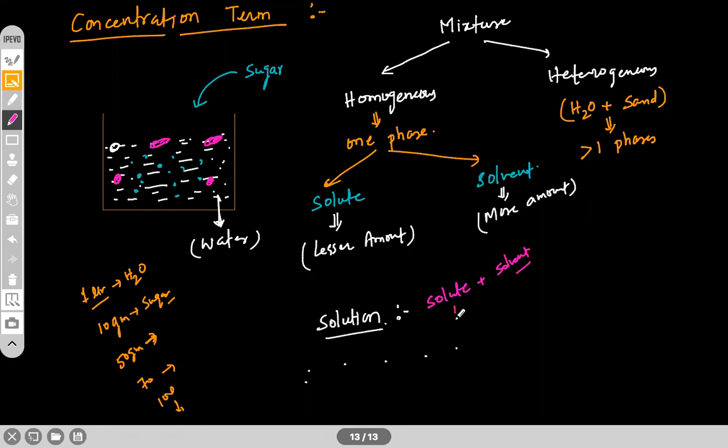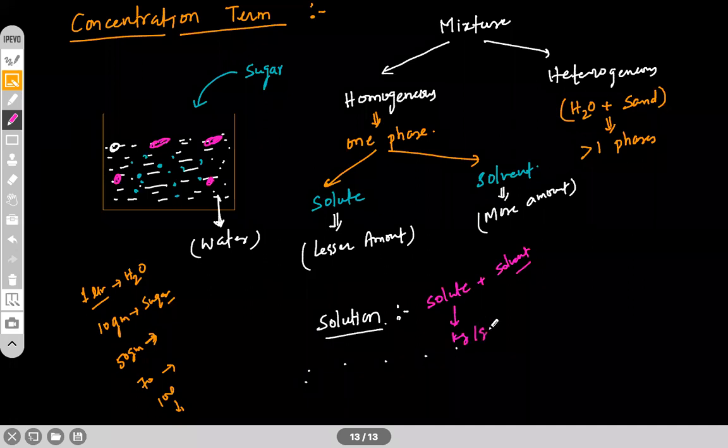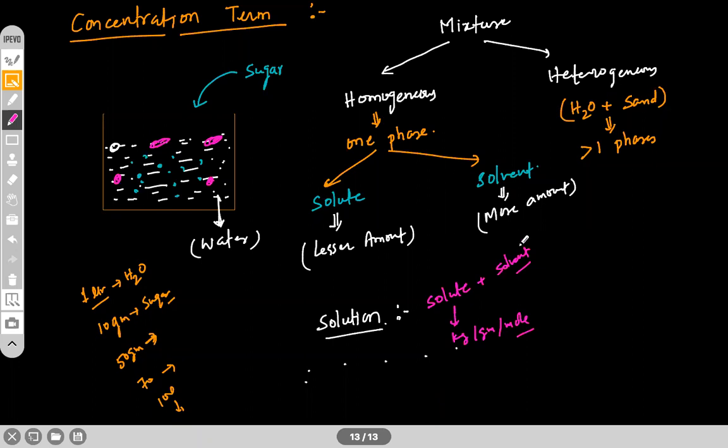See, for solute, we can take the amount in kg, in gram, in mole, anything, right? Similarly, for solvent, we can take the amount in gram, or we can take the volume of solvent also.